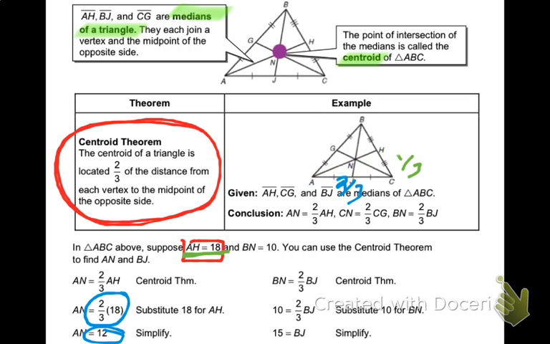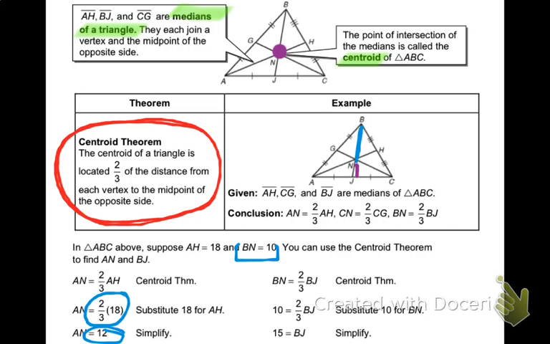Okay. The other example here shows us BN is 10. Well, I can think of it in a lot of different ways. If BN is 10, what is NJ going to be here? If BN is 10, remember our relationship? What did we say NJ was?